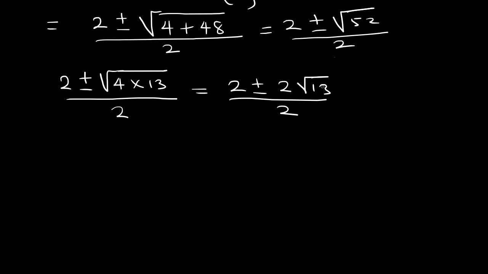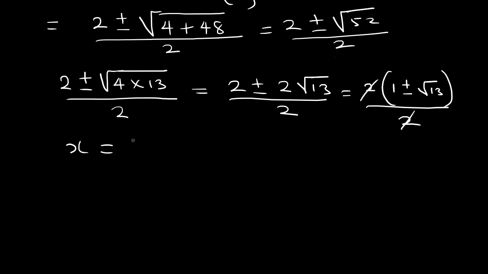This is the same thing as 2 times 1 plus or minus root 13. We factorize the numerator because 2 is common. So we'll divide everything by 2. Here now 2 will cancel out with this 2. And we have that x is equal to 1 plus or minus root 13.